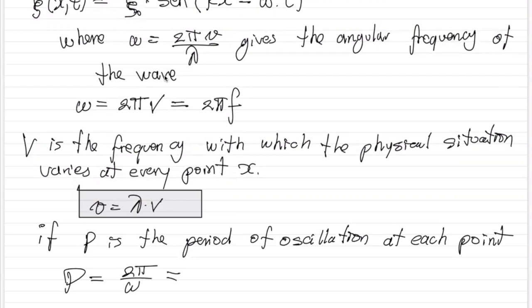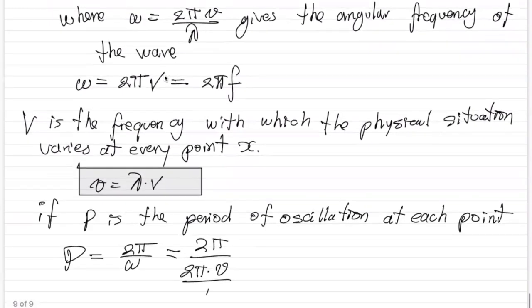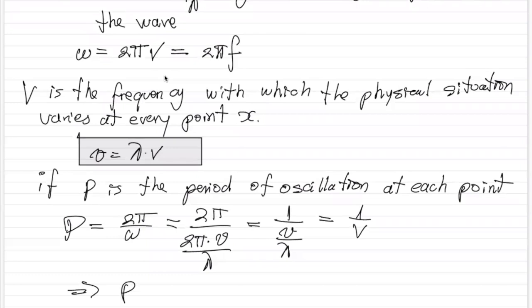If we replace here, this is 2 pi times velocity over the wavelength. Then we have that v over the wavelength is the frequency.